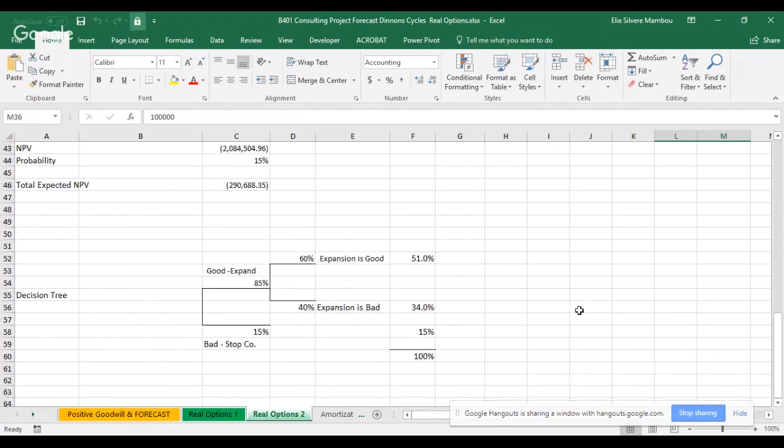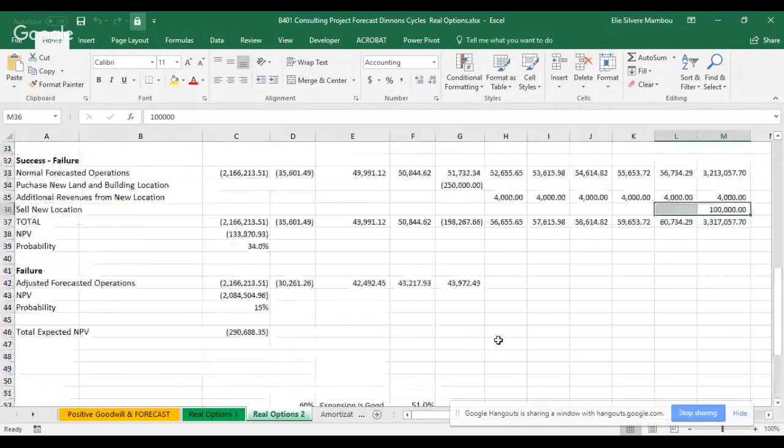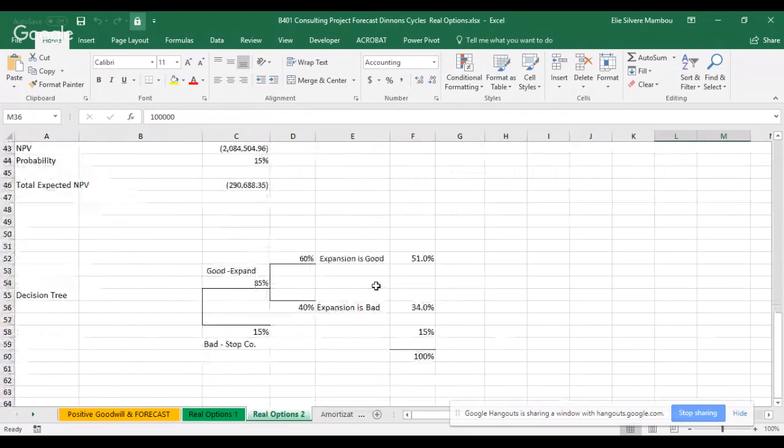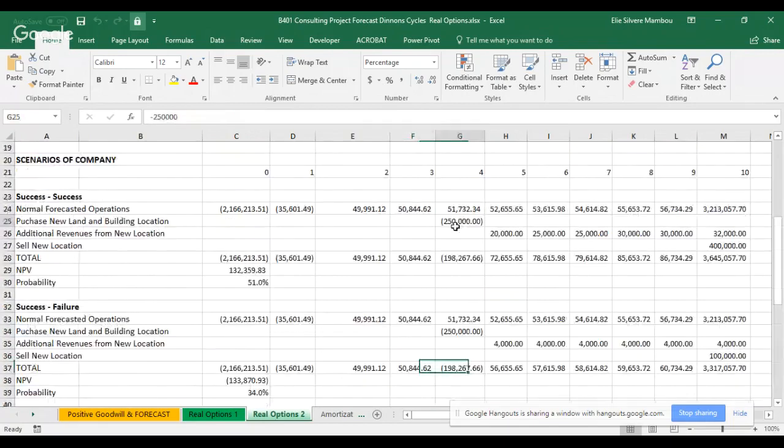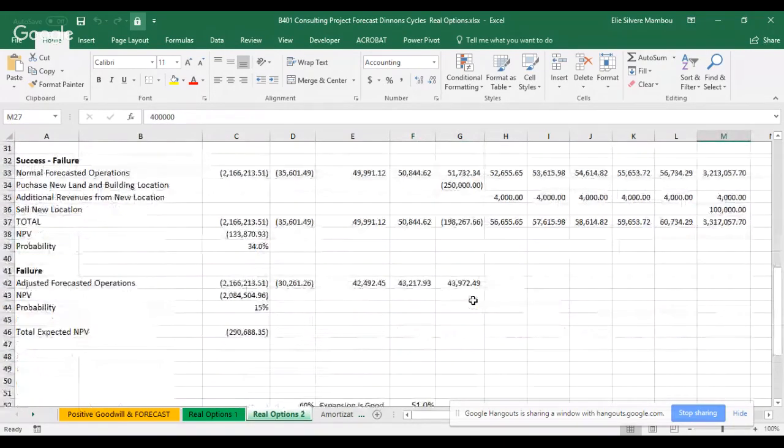And with the other expansion, there's a 60% chance, and then there's a 40% chance of failure. Then we added up all of those percentages, and we got 100%, which is what we wanted. Correct. And that is all of Real Options 2.